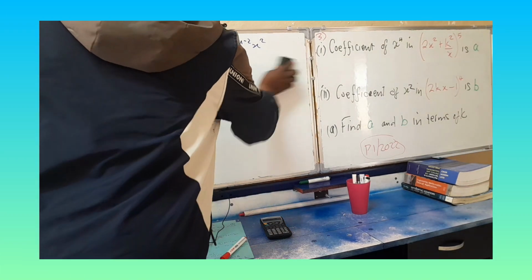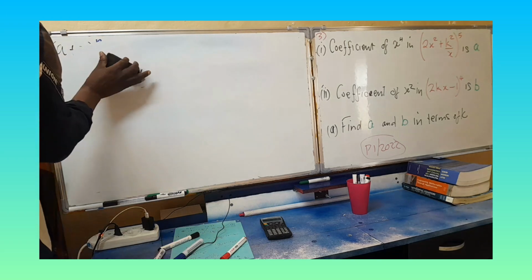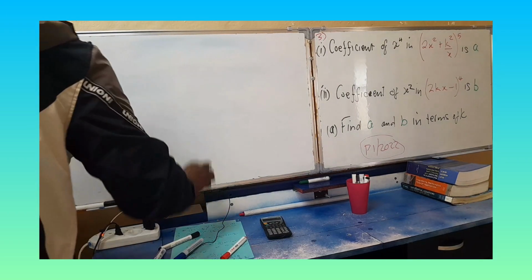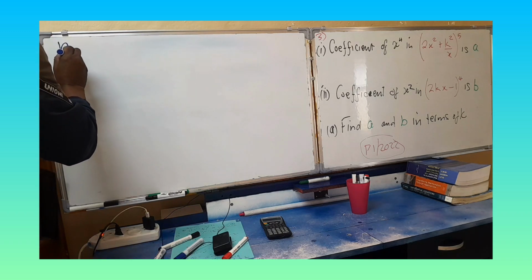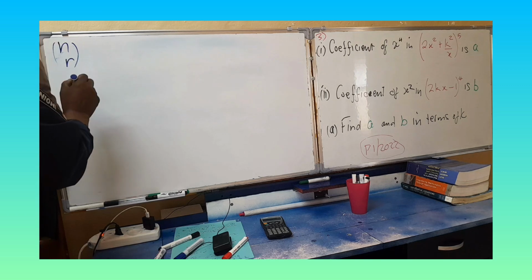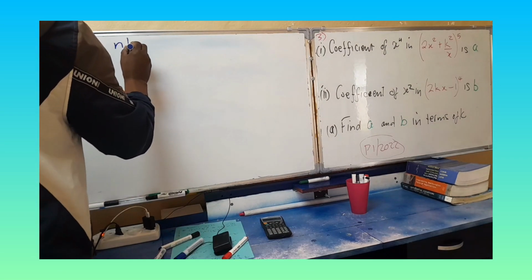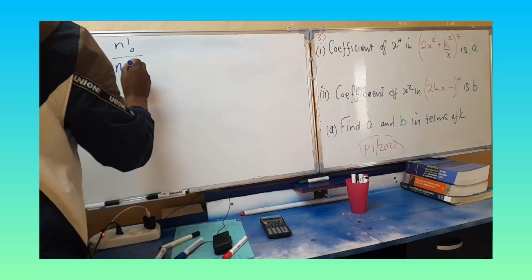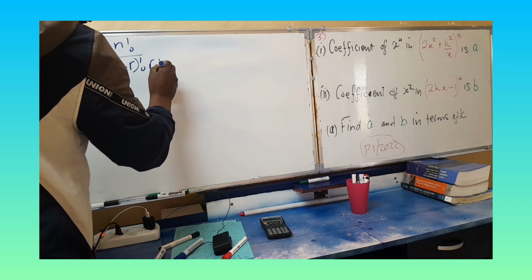Let me explain this n over r notation. When we have n over r, oh, sorry, it's not n divided by r, so I almost got it wrong. n over r means n factorial divided by (n minus r) factorial times r factorial.